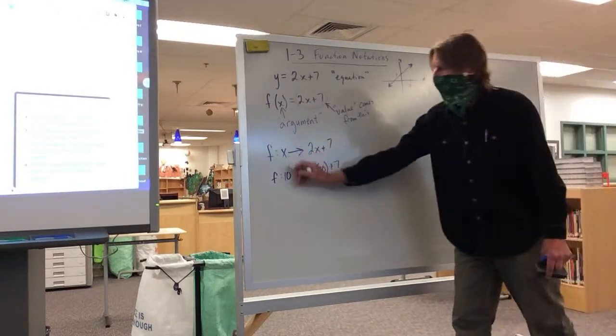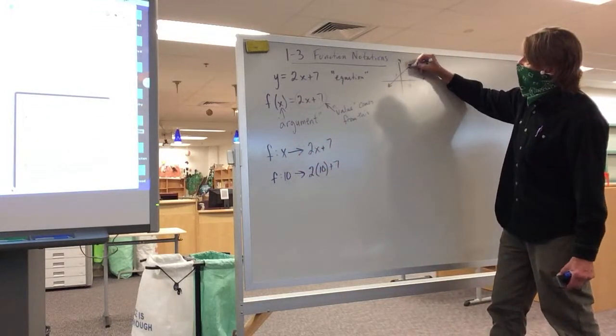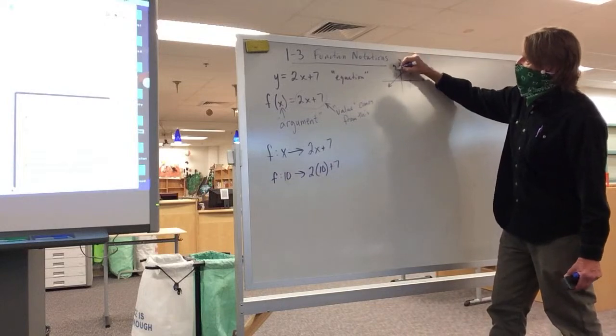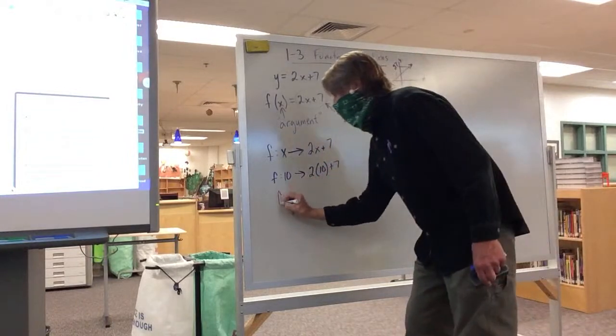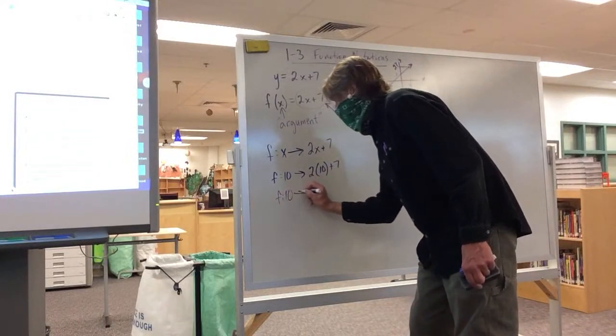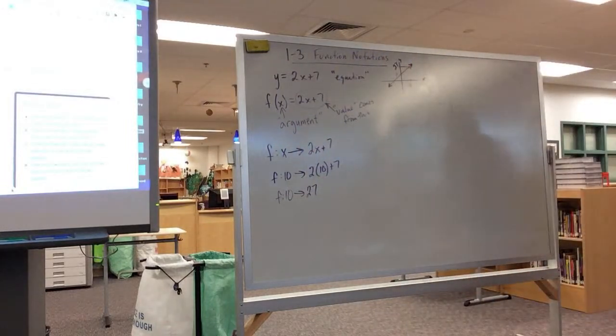So here's the x value, and then here's 2x plus 7. So that comes out to being 27. So we could say then f of 10 maps to 27. That's one way that we could write it.